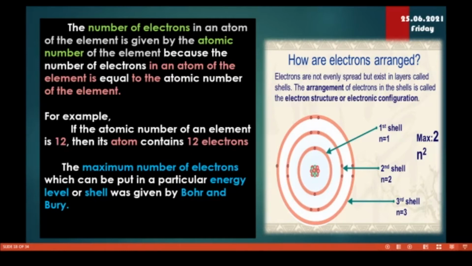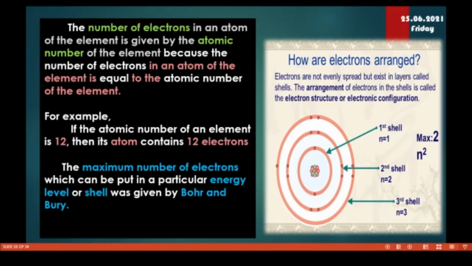The number of electrons in an atom is equal to the atomic number of the element. For example, if the atomic number of an element is 12, then its atom contains 12 electrons.